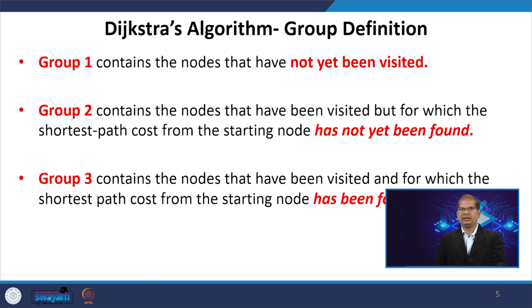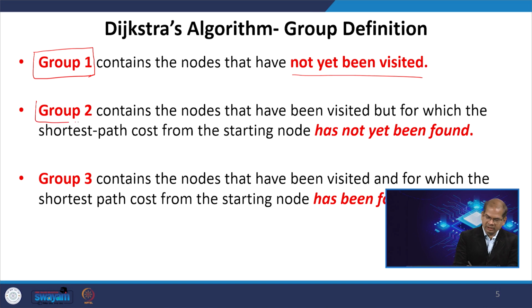Initially, all the vertices are collected in group 1. When we start the algorithm, all the vertices are in group 1, which means that none of the nodes are visited at the start of the algorithm. Then what will group 2 contain?